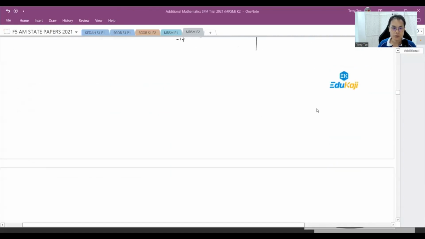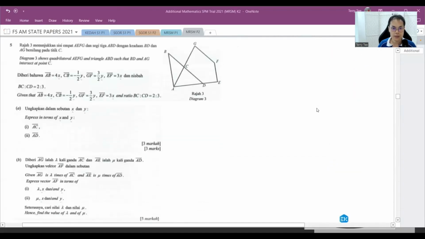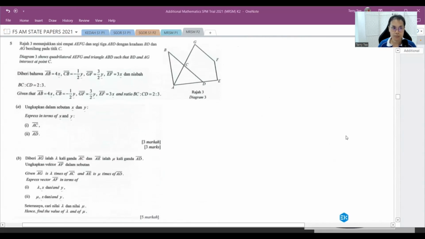Okay, moving on to this is from form 4 chapter 8 vector. All right, let's get started. Now, diagram shows a quadrilateral AEFG and triangle ABD. All right, and such that BD and AG intersect at point C. Given that AB equals 4x, I'm going to label here this is 4x.